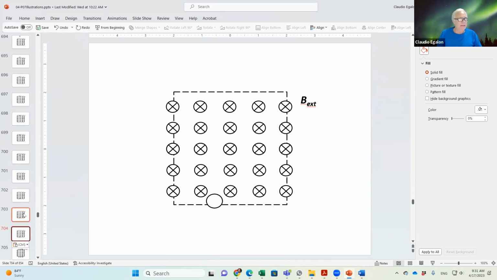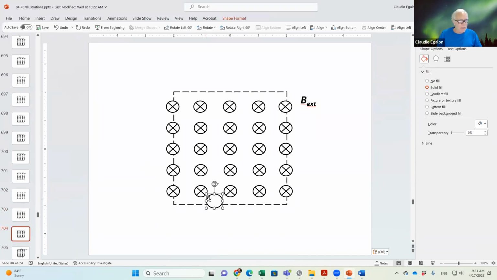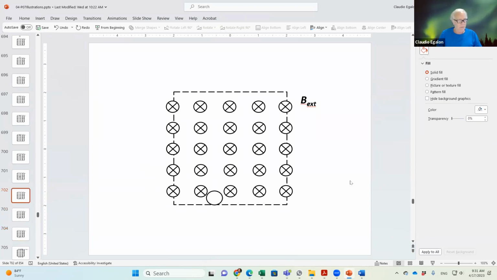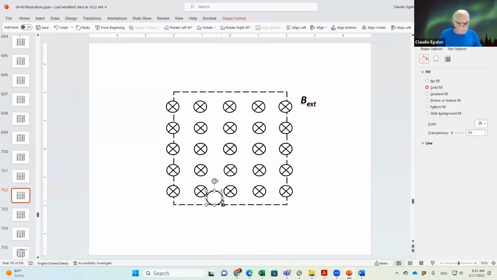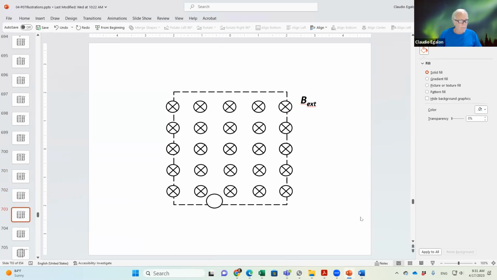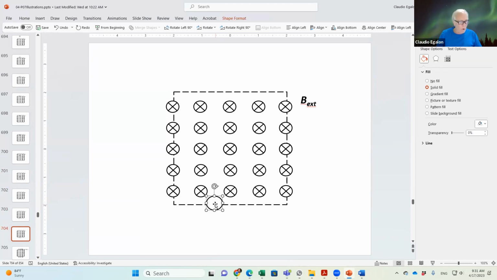Consequently, because the magnetic flux is decreasing, now the current must flow in the clockwise direction. Okay, next. It's going to fall a little bit more.